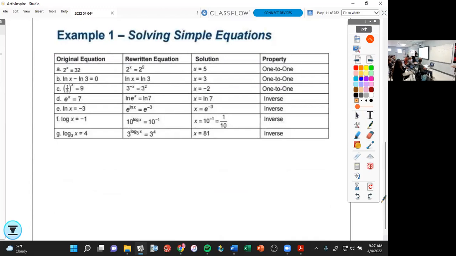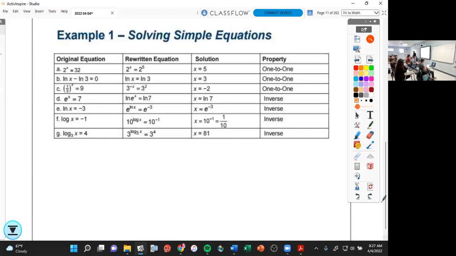Natural log. If I have the natural log of x minus the natural log of 3 equals 0. Because I have two natural logs, what I want to do is try to get one of the natural logs on either side. I don't want two natural logs on the same side. So by adding natural log of 3 to both sides, I get natural log of x equals natural log of 3. Using the one-to-one property, x equals 3.